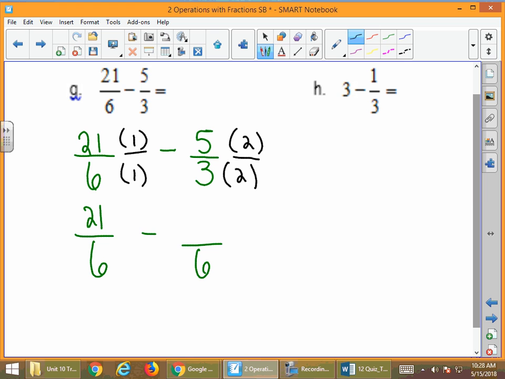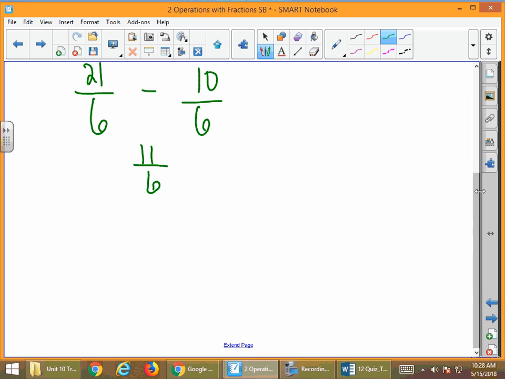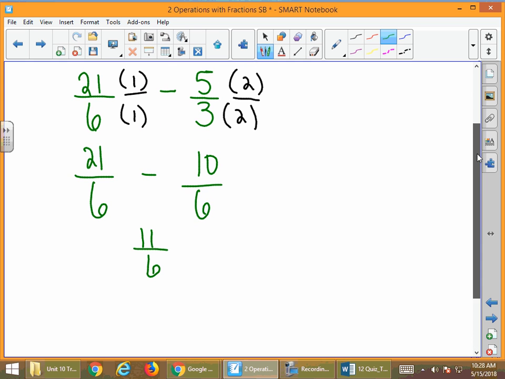So 5 times 2 is 10. And now that we have that, we can finish this problem. 21 minus 10 is 11, divided by 6. Notice once again that we did not touch the denominator. This time we did find the least common denominator, and we did not have to simplify in the end.